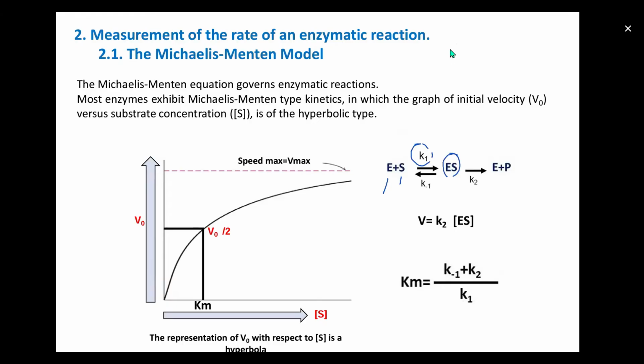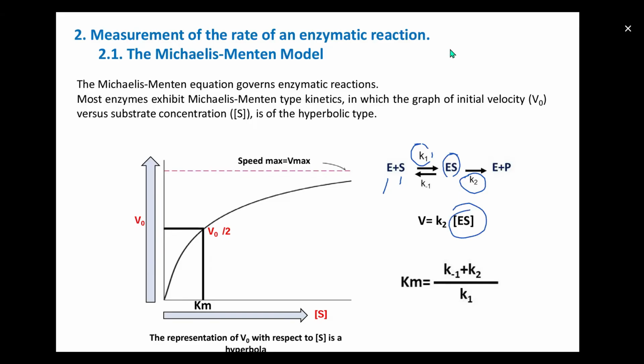The kinetic constant for the enzyme substrate complex going to enzyme plus free product is K2. So the rate of this reaction is going to be K2 times the enzyme substrate complex concentration.